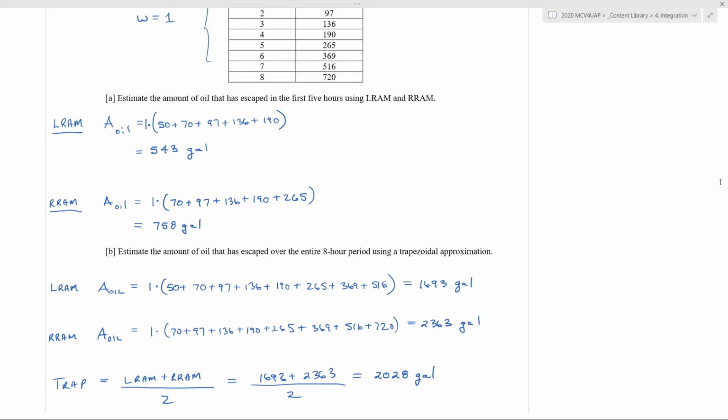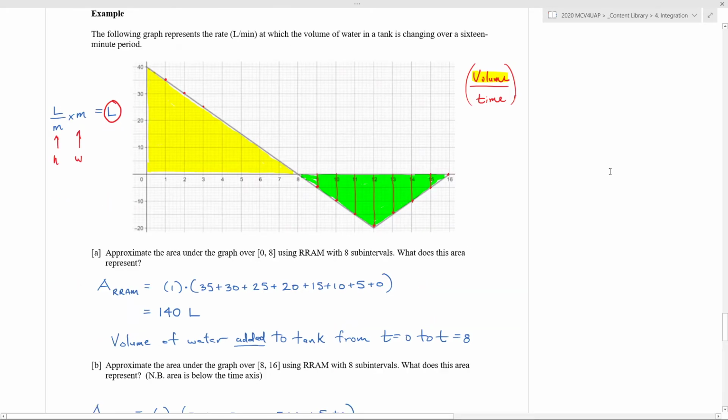Okay, the last one. What's different about this last one is that the rate that we're given, so the graph represents how the volume of water in a tank is changing over a 16-minute period of time. So the rate is a volume per unit time. So when you multiply that by units of time, again, you're going to be left with just volume.